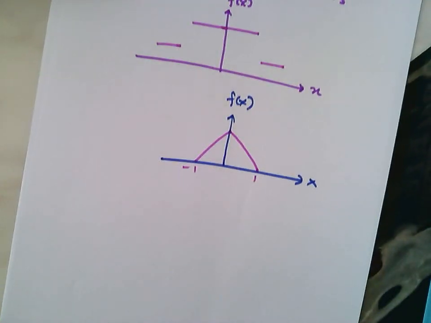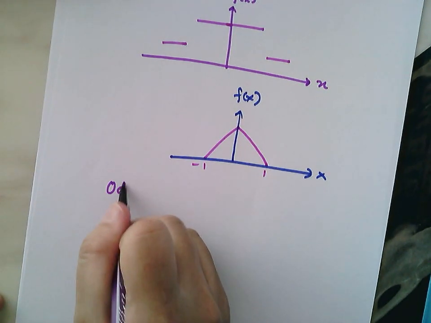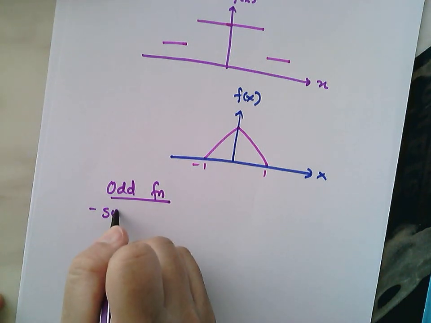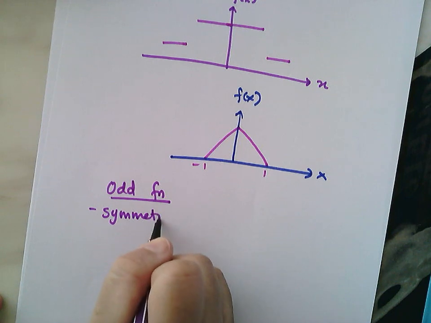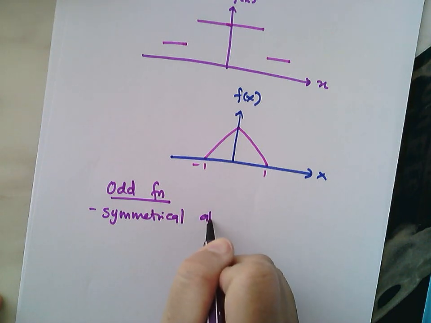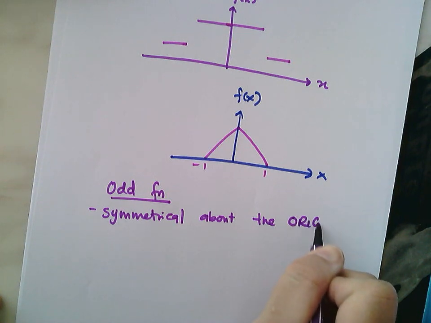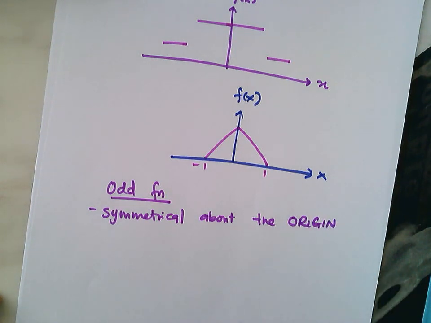So for odd function, it should be symmetrical about the origin. Origin, not the x-axis. Okay, two different things.